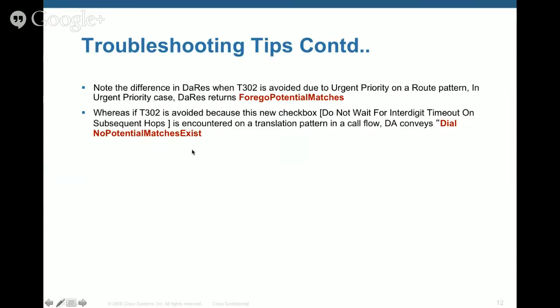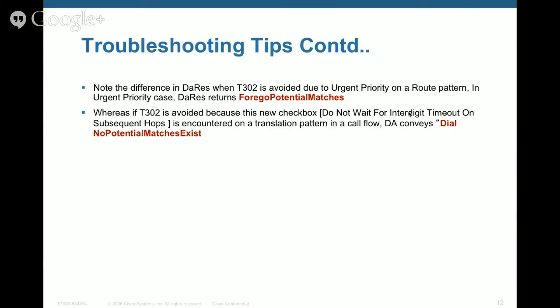Let me repeat once again. If you have urgent priority checked, that lets Call Manager write forgo potential matches in the SDL traces. If you have the new parameter checked in, which is do not wait for interdigit timeout on subsequent hops, that will let Call Manager print dial no potential matches exist.